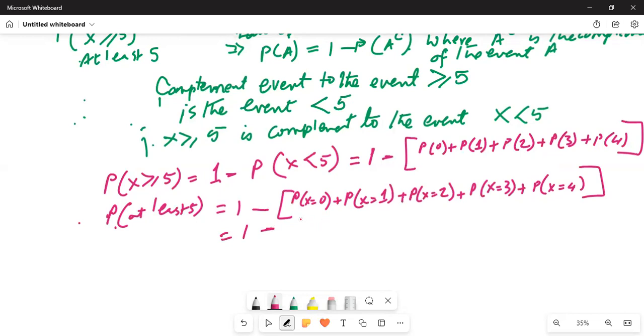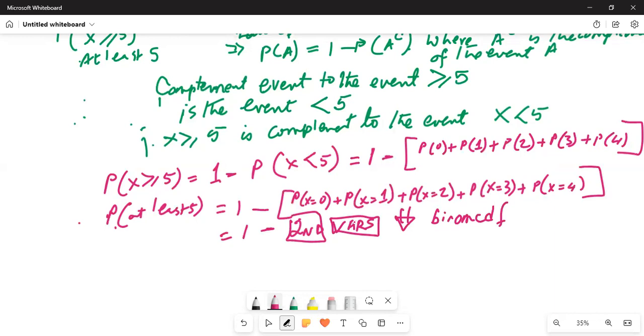Now in the TI-84, there is a function. You press the second key and then the VARS key, and then scroll down to binomial CDF. C stands for cumulative. It means starting from 0, we add up to a certain number to get the total probability. Here, we are starting from 0 and adding up to 4 to get the cumulative probability of the complement events.